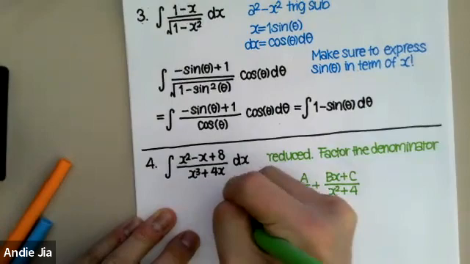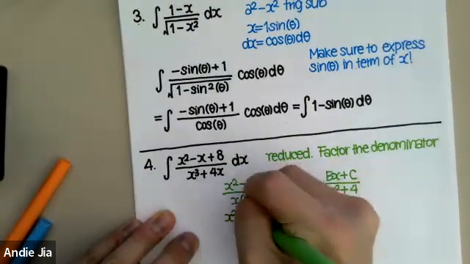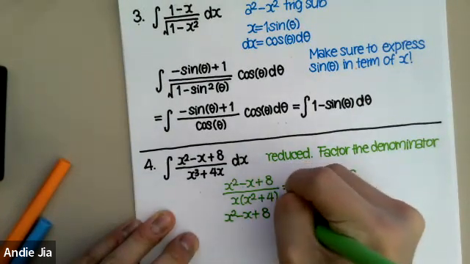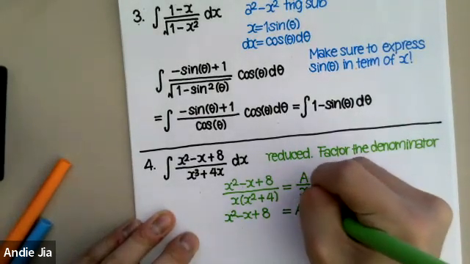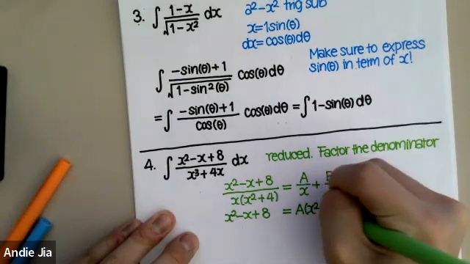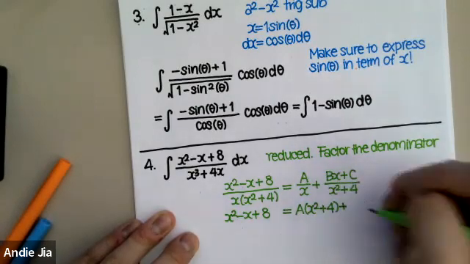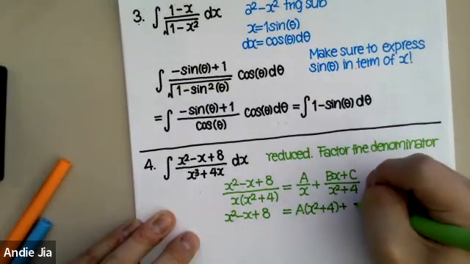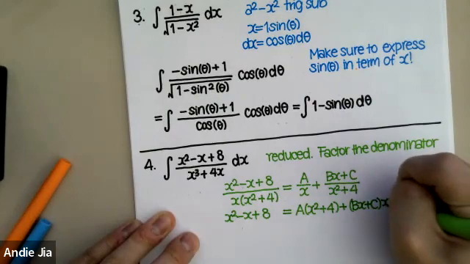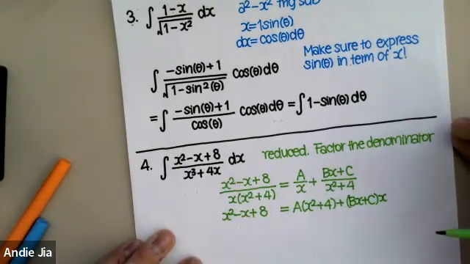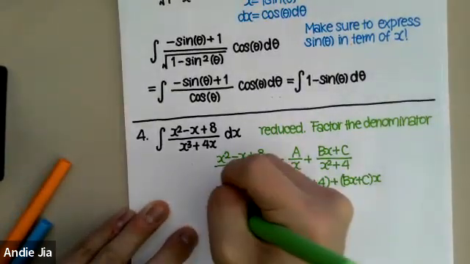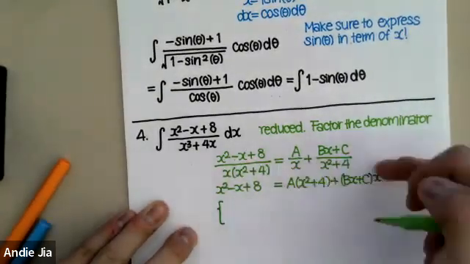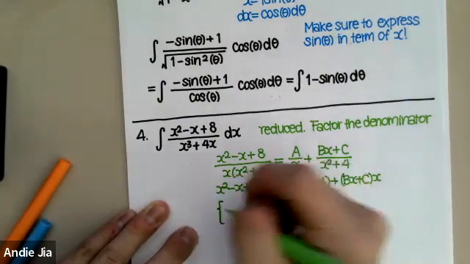And what we have is x squared minus x plus 8 is equal to a times x squared plus 4, then plus bx plus c, then x. And then we solve a system of linear equations. We have a plus b, it is 1.